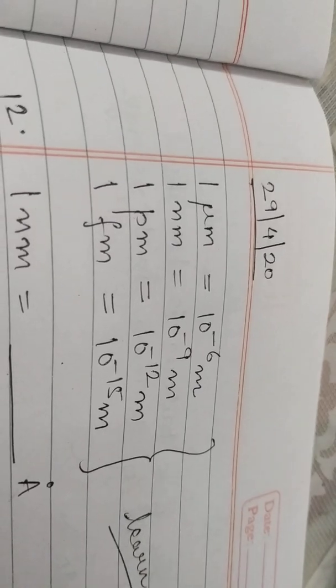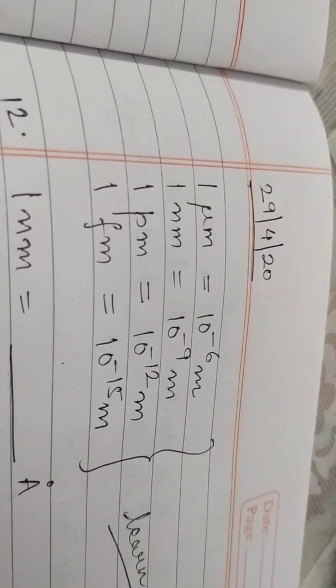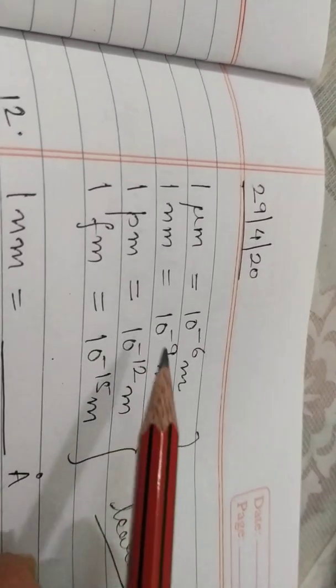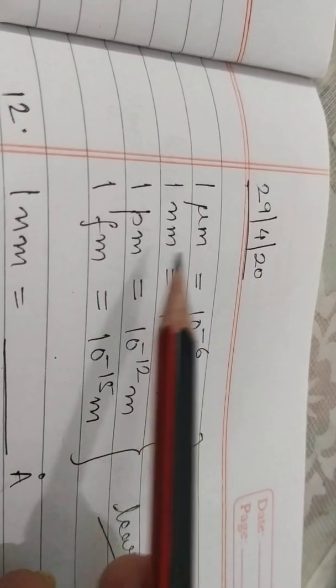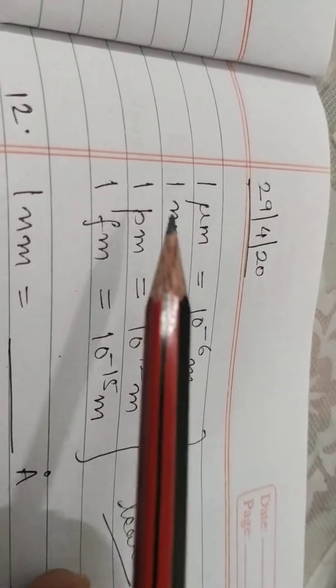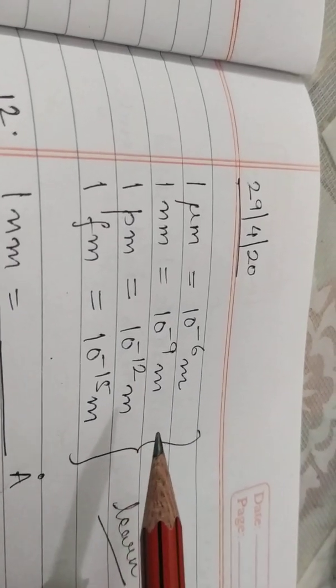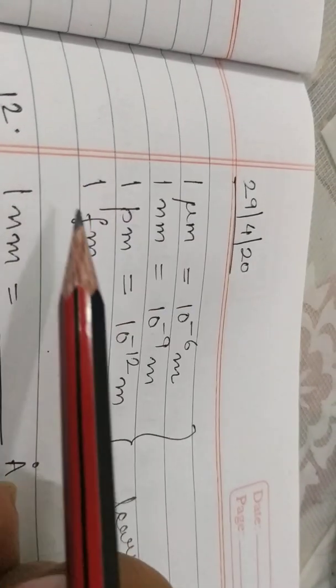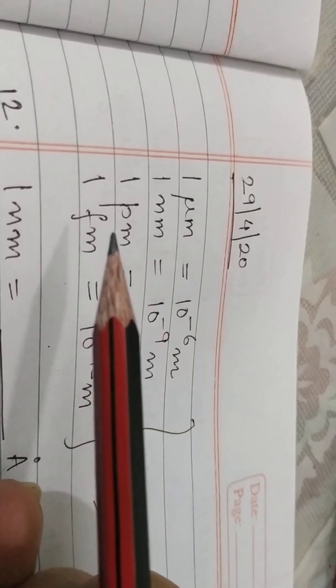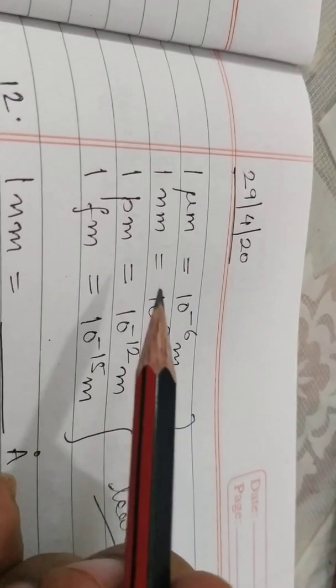What I wanted to say is, you just learn these relations, the relation of these prefixes with, say, meter. You don't need to learn every relation. There are a lot of relations given over there. I have seen in your book that one more I can write over here: 1 angstrom.